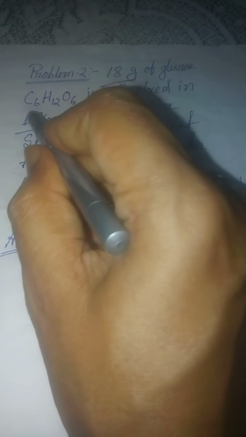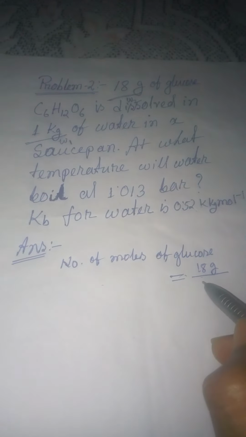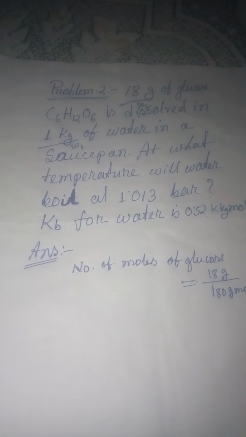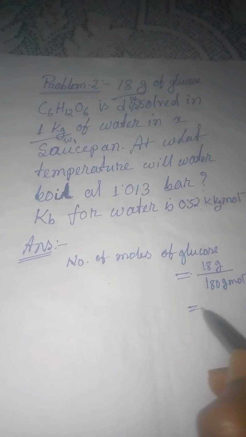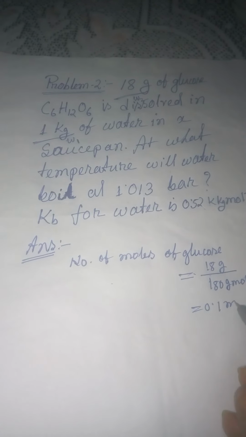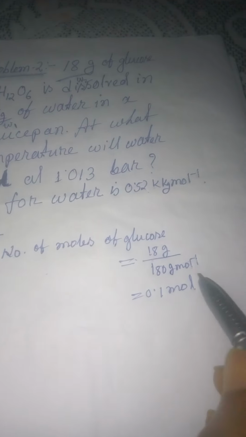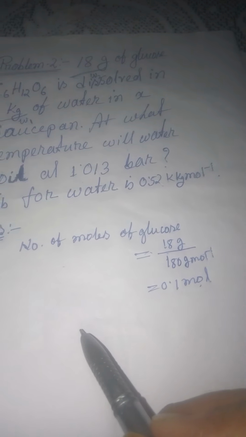Molar mass, if you see the formula, will come out to 180 gram per mole. So gram will be cancelled. 18 by 180 is equal to 0.1 mole. So this is the number of moles of glucose.